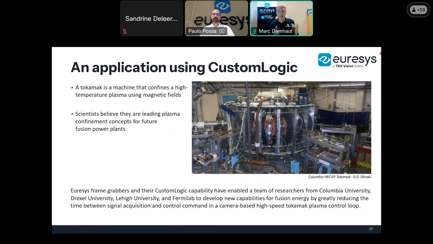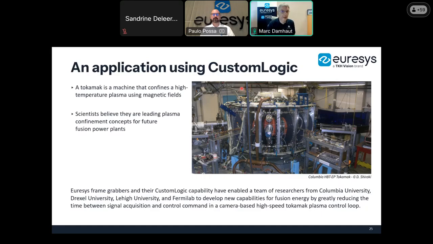The project involved a tokamak, and I didn't know what it was. A tokamak is a fusion reactor built to study nuclear fusion, the kind of reaction that will be used for future power plants. A group of universities and laboratories has used the Coaxlink card to reduce the latency of what they call the plasma control loop.